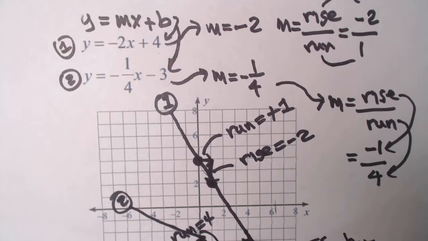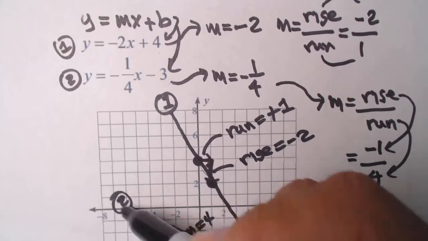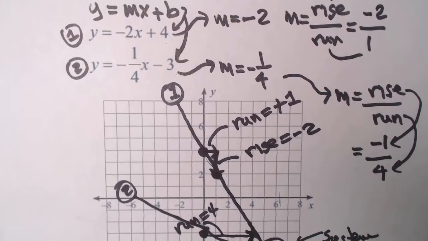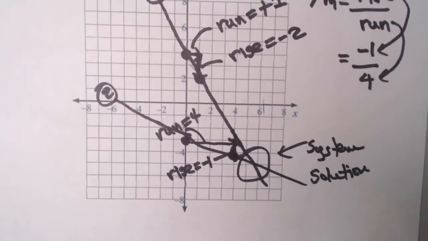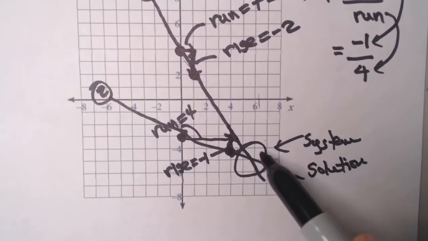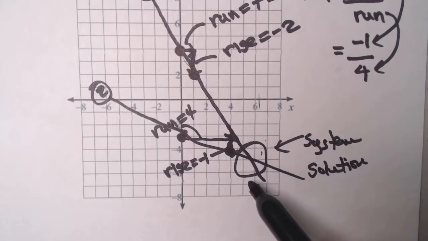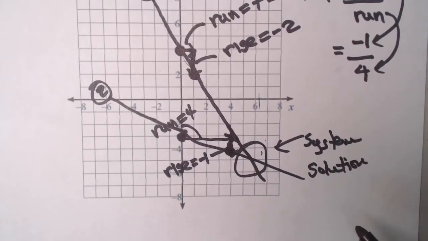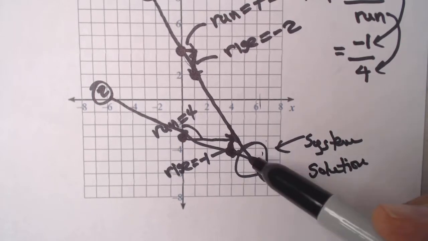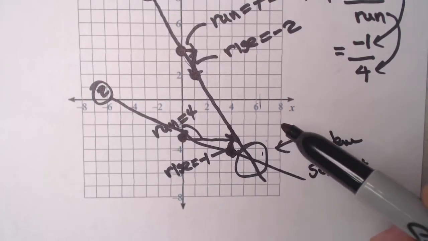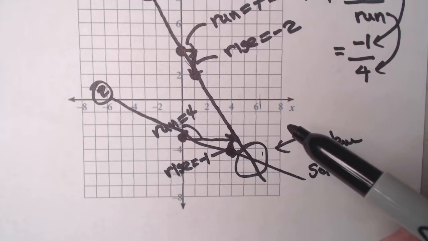The run was +4, the rise was -1. Drew the second line. Somewhere down in this area right here is where they're going to cross. Again, we're not worried about being super accurate here because we can get the values exactly using one of the algebraic methods.